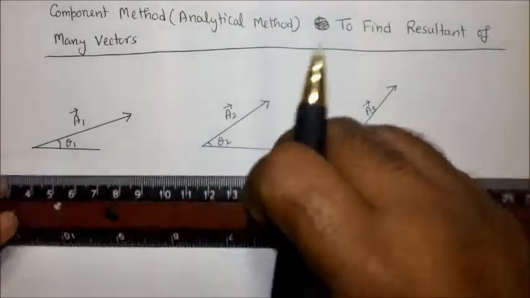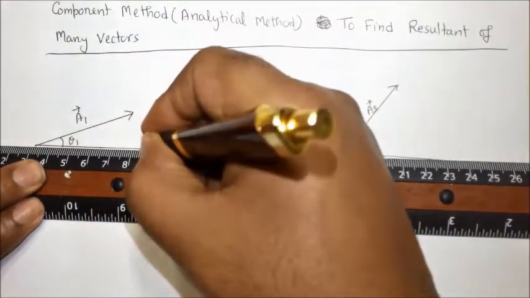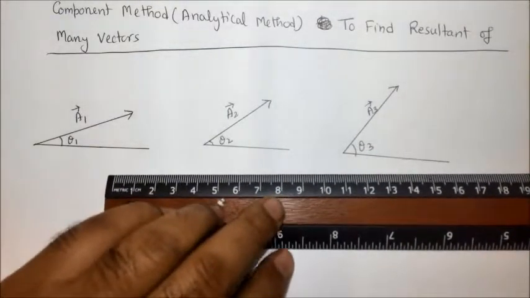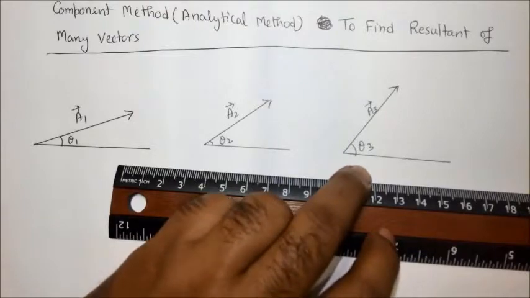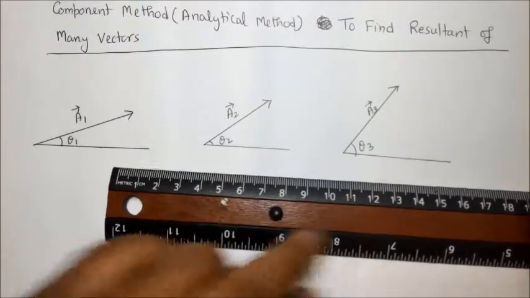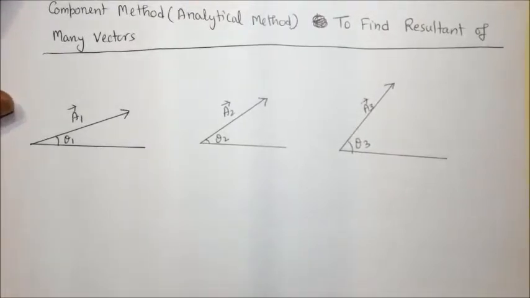A1 is making angle theta 1 from horizontal, A2 is making angle theta 2 from horizontal, A3 is making angle theta 3 from horizontal. So how to find the resultant?